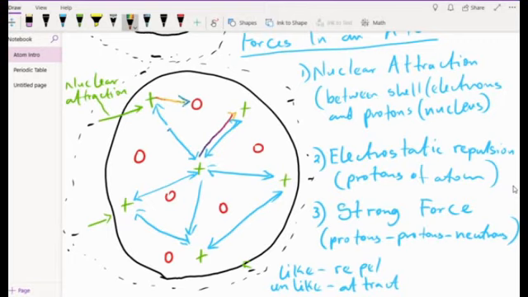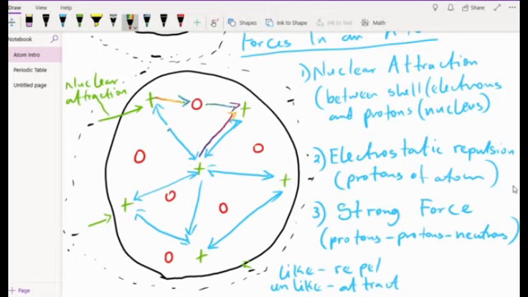The force that pushes two protons apart is much stronger than the strong force that attracts the two protons together. And that is why you need this other strong force to attract the protons with the neutrons.